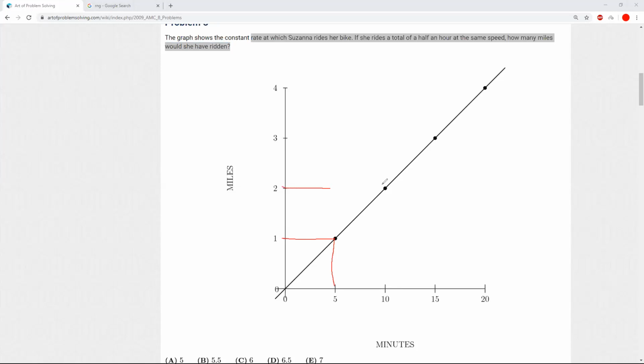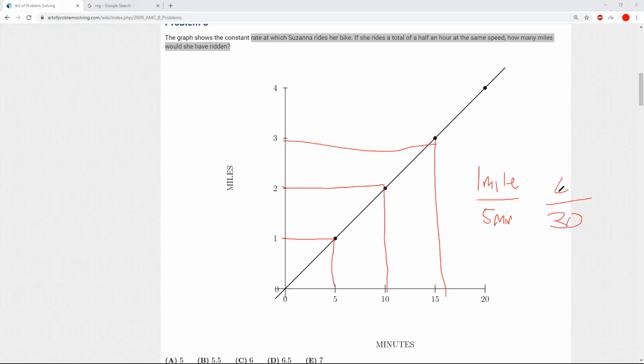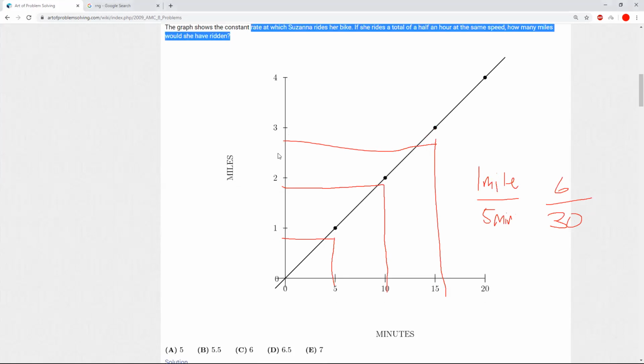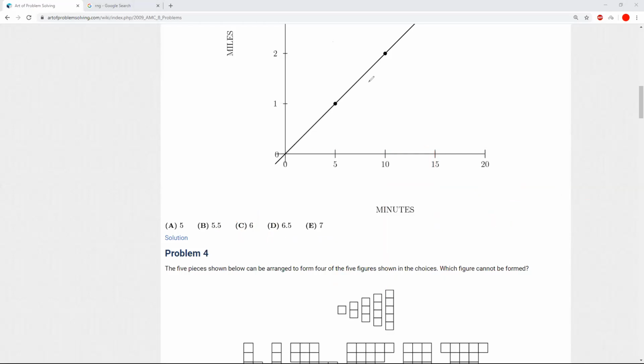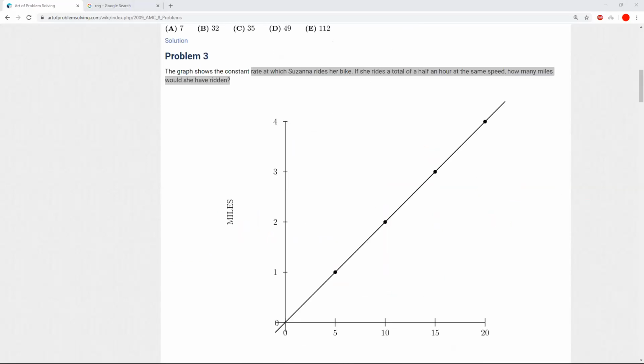We see that the ratio is approximately, it's not exact, but it's approximately 1 mile per 5 minutes. So if she rides for half an hour, which is 30 minutes, she rides about 6 miles. So our answer is going to be C, 6 miles. That one is also like a pretty easy proportion question.